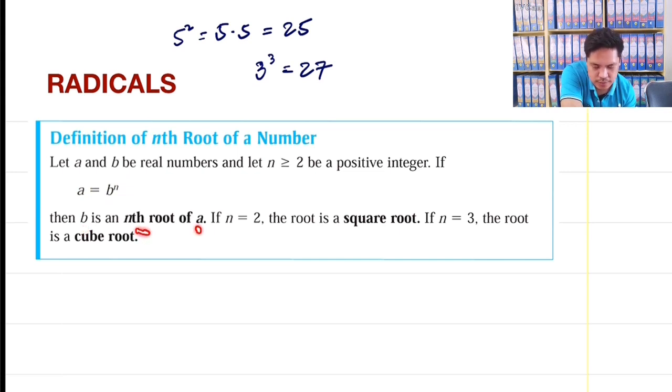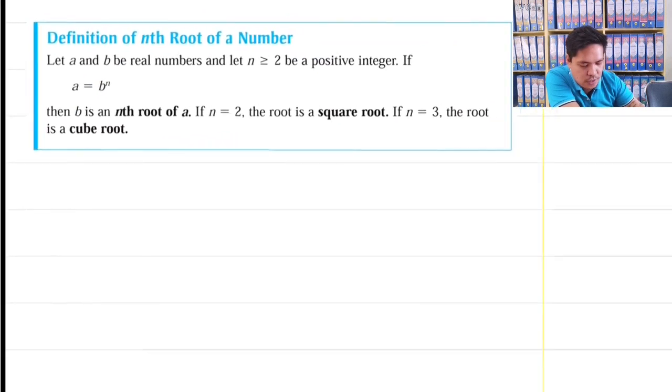If n is equal to 2, the root is a square root. If n is equal to 3, the root is a cube root. So that's square root, cube root, fourth root, fifth root, sixth root, and any root. That's the definition of the nth root.